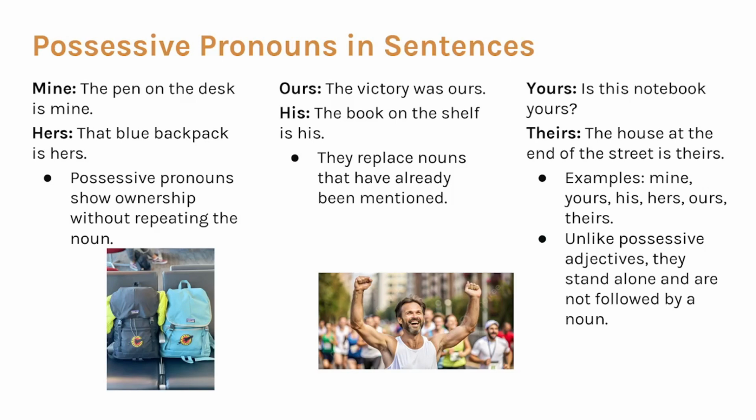So possessive pronouns show ownership without repeating the noun. You see, the pen on the desk is mine. You will not say the pen on the desk is my pen. We are avoiding repeating the noun. They replace nouns that have already been mentioned.